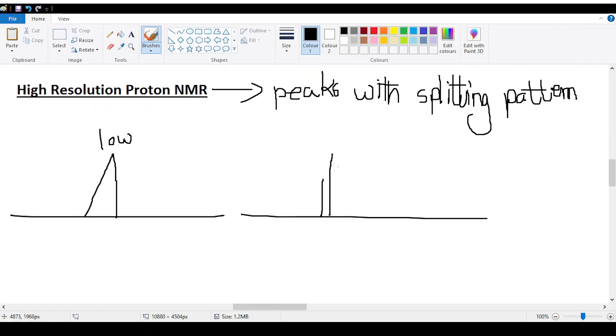They can be like this. Sometimes the peaks are like two single lines or one single line. So the peaks are more detailed, and more information can be obtained from high resolution peaks, because the most important thing is they're split. What we have to know from high resolution NMR is what the splitting patterns actually mean, or when you look at a graph, what does the splitting pattern actually mean?